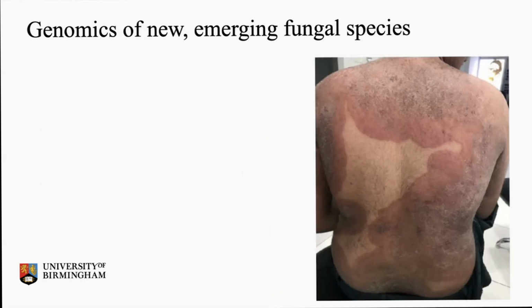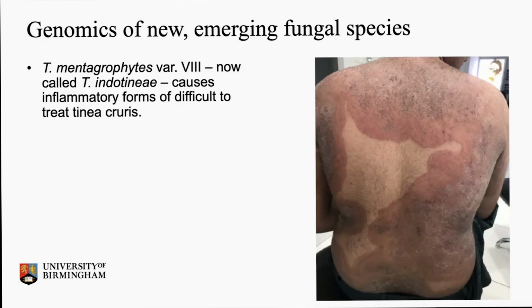And then finally, we use genomics to help us keep on top of new emerging fungal species. So as Matt said, this is Trichophyton indotineae, which was originally called Trichophyton mentagrophytes variant 8. It causes inflammatory forms of difficult to treat tinea. No one's ever died of this, but obviously it doesn't look very nice, and sufferers do have extreme morbidity.